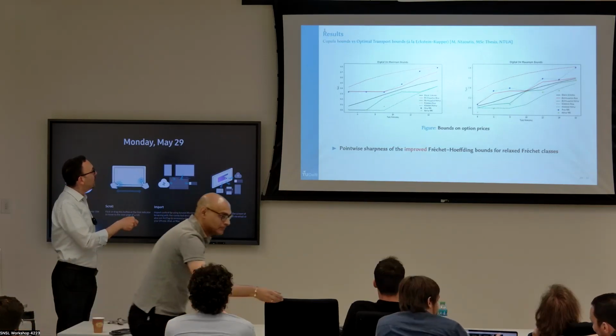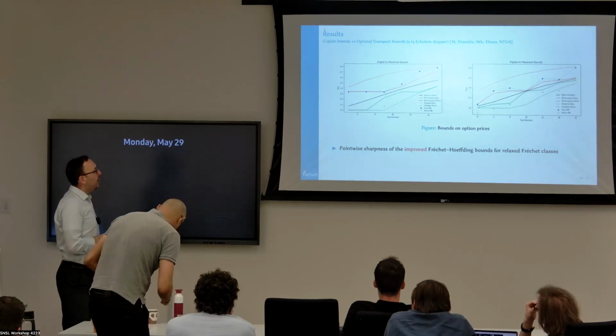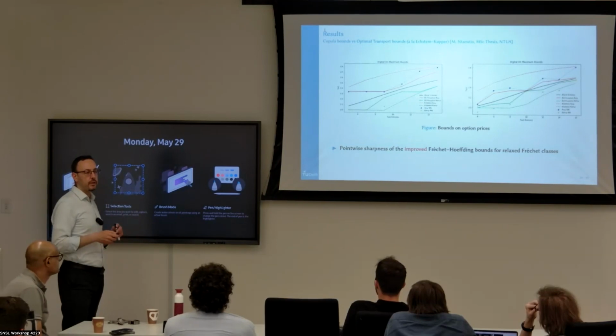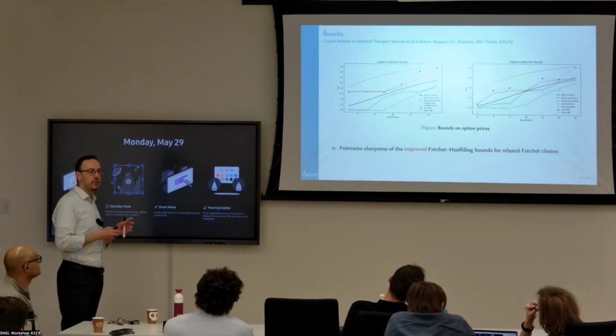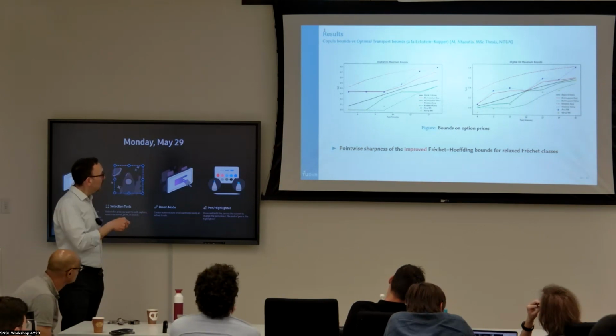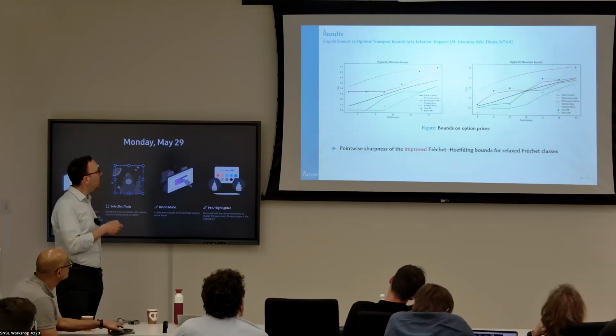And why is this sharper here and here? I would not pay so much attention to this. You could change the numbers like the correlations and where you put your strikes and you could get something different. The main result is one, you get better results than the classical bounds, the no information bounds.